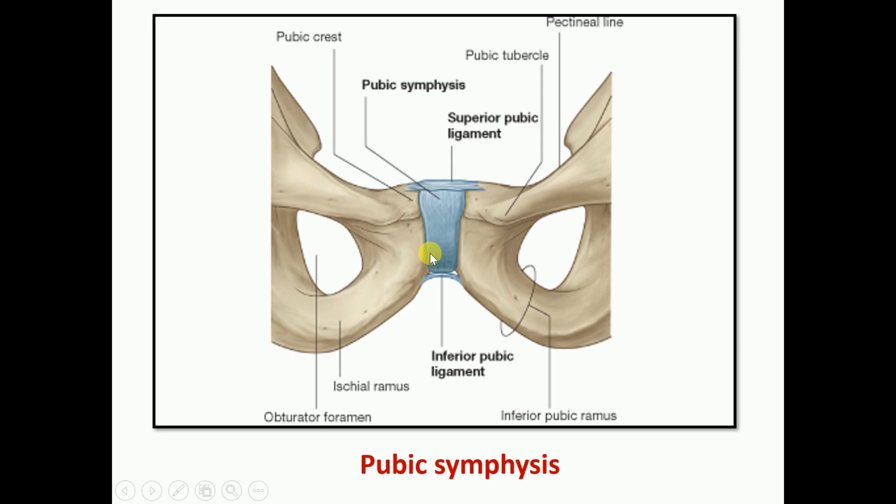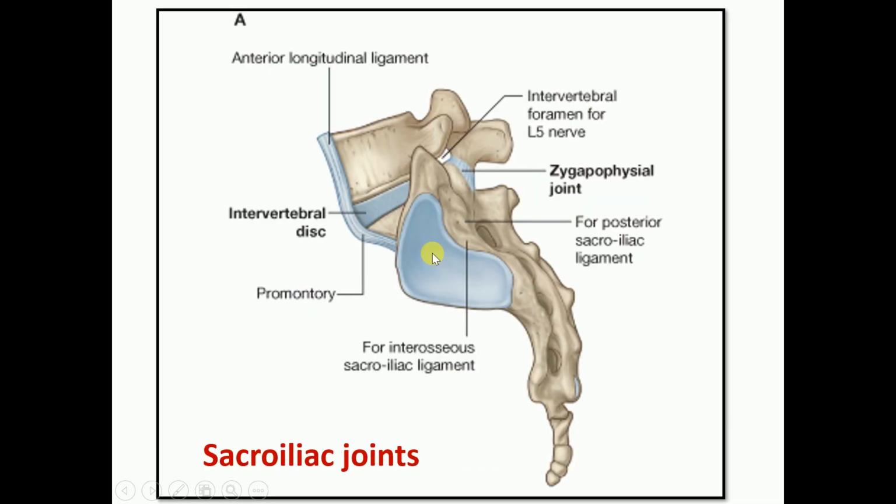Now next to the pubic symphysis, the sacroiliac joint. It is generally described as a plane type of synovial joint formed by the union of the auricular surfaces of the sacrum and ilium on each side, right as well as left.